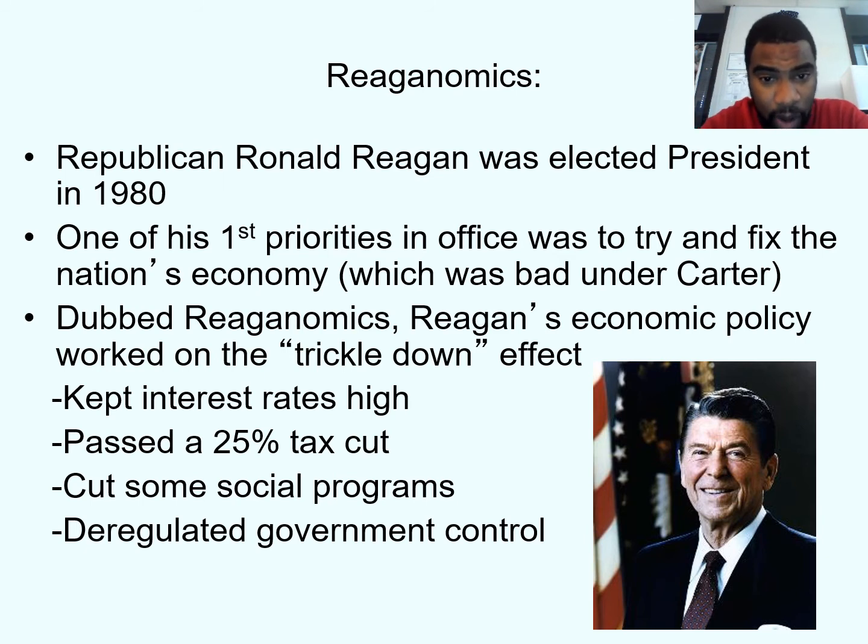One of his first priorities in office was to try and fix the nation's economy, which was bad under President Carter. Dubbed Reaganomics, Reagan's economic policy worked on the trickle-down effect. He kept interest rates high, passed a 25% tax cut, and cut some social programs, deregulated government control.